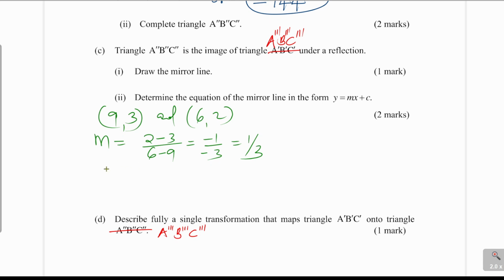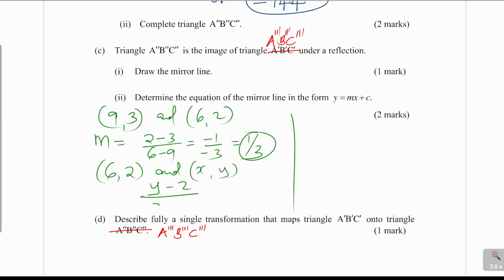So if the gradient is a third, you can now use any 1 point here. There are several ways of getting the equation in the form y equals mx plus c. I'll use this method. I'll take one of these points, either 9, 3 or 6, 2, and another general point x, y on that line. So how do you get the gradient? Change in y, so y subtract 2, divided by the change in x, x subtract 6, is equal to the gradient. Then you can simply cross multiply.